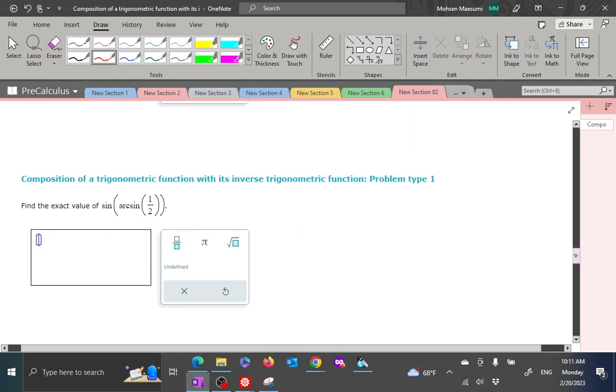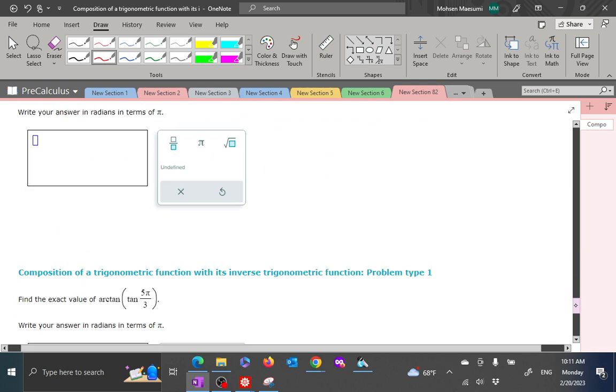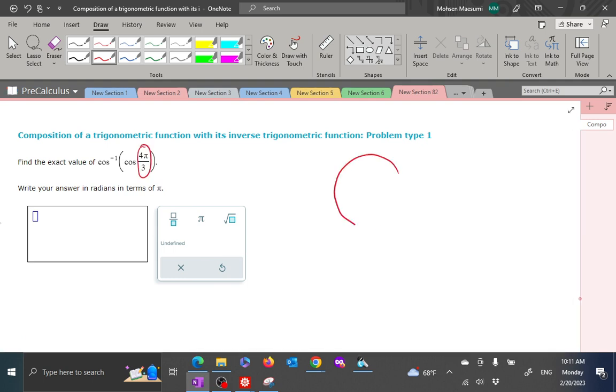Let's see if we have another example of cosine to explain. Well, cosine inverse of cosine of 4 pi third. So again, where is 4 pi third? This is pi plus pi third, so we have crossed here. 4 pi third is here.